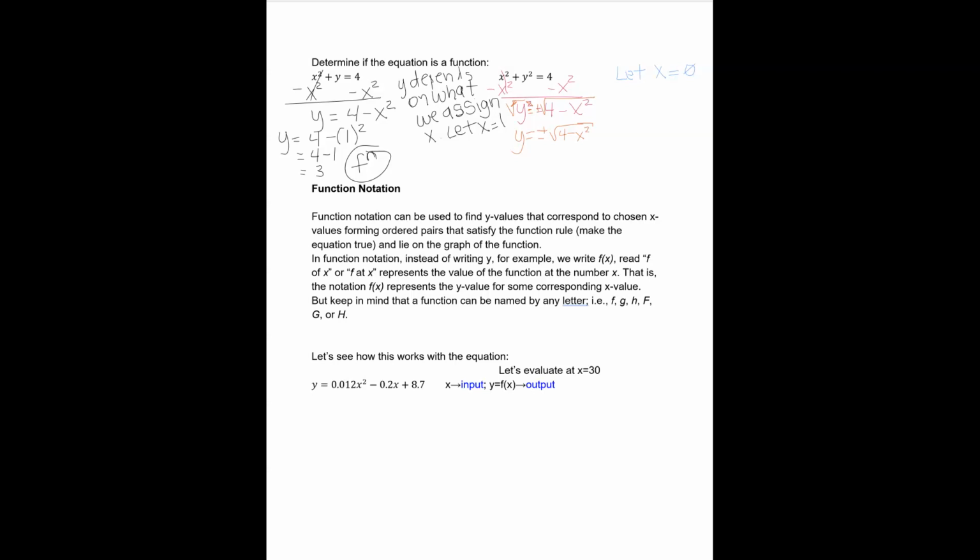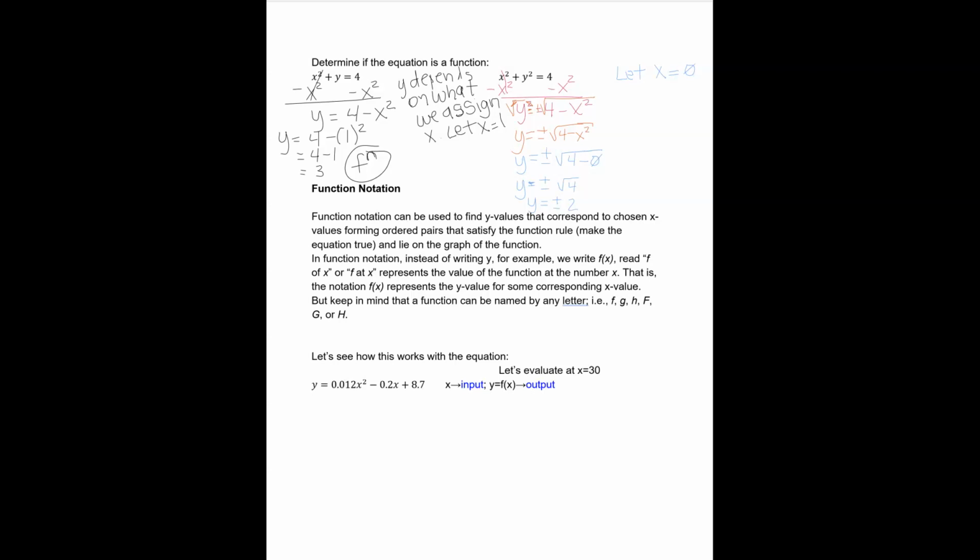If we plug 0 in, we have y equals plus minus the square root of 4 minus 0 squared. Well, 0 squared is just 0, so y equals plus minus the square root of 4. The square root of 4 is 2, so y equals plus minus 2.